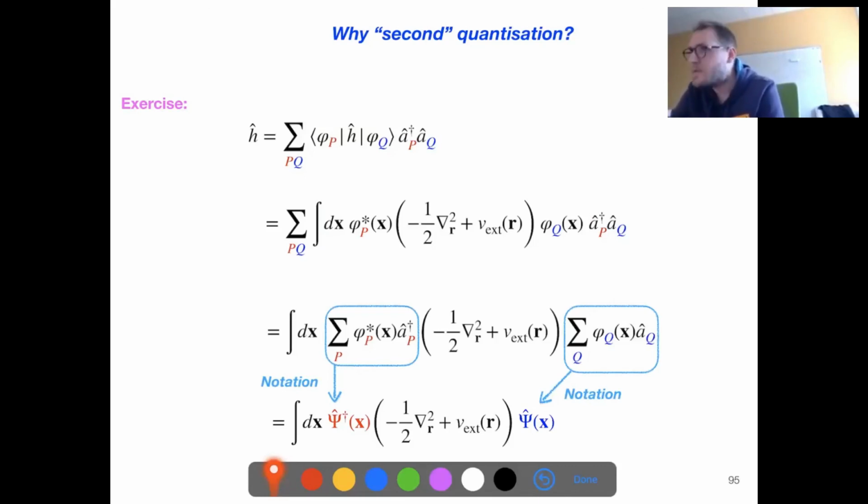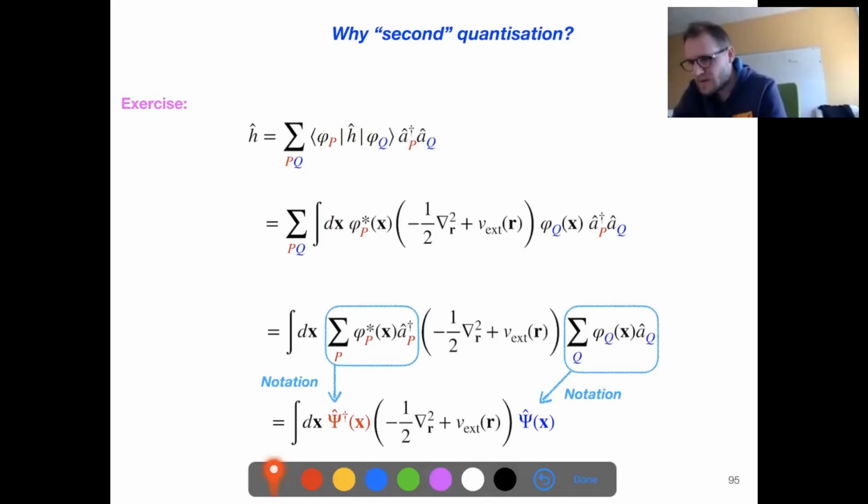If you denote it as psi with a hat, because it's an operator, the annihilation operator is an operator, then by making this summation you construct an operator that you evaluate at each position X. So I will denote this operator psi hat of X. This operator is constructed for each position and spin in space.